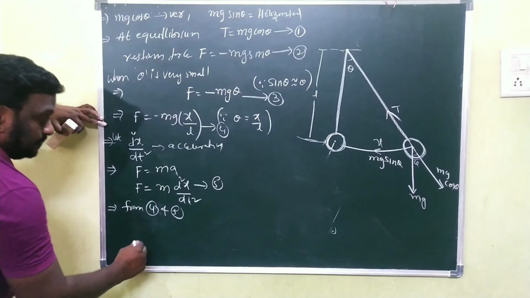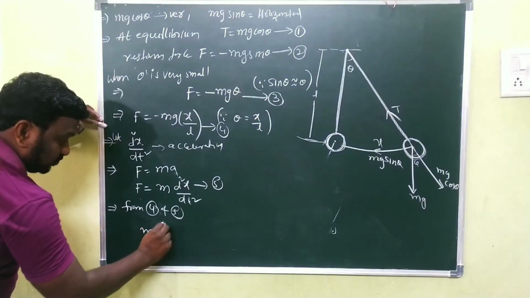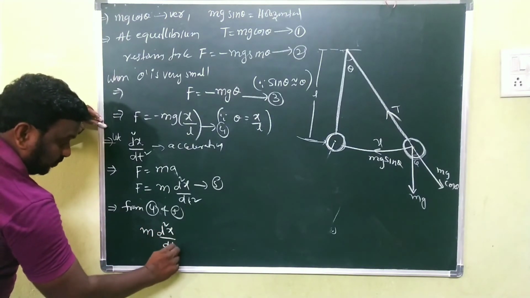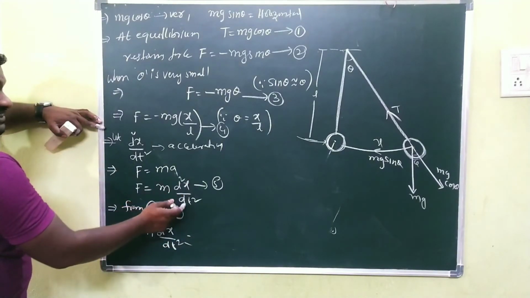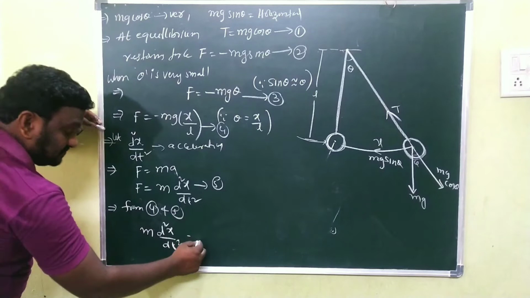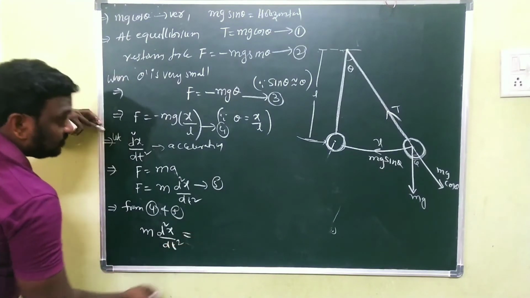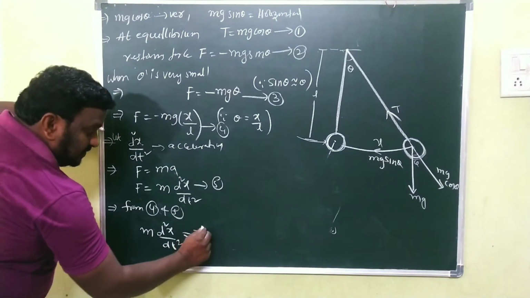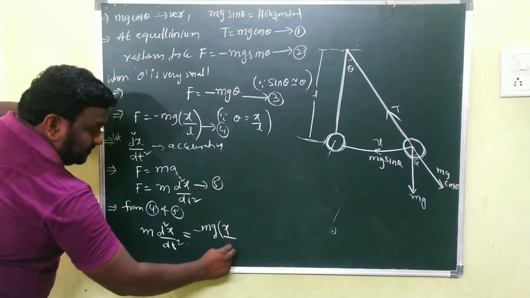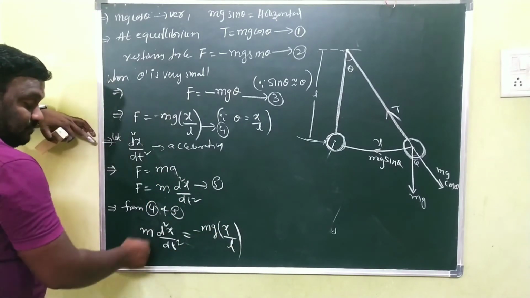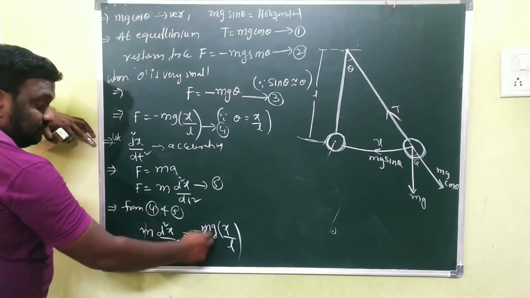Then what you have to write? m into d square x by dt square is equal to, we have to equate them, minus mg into x by L. Here m cancels, m cancels.